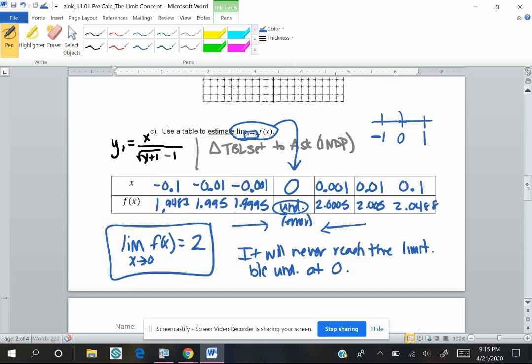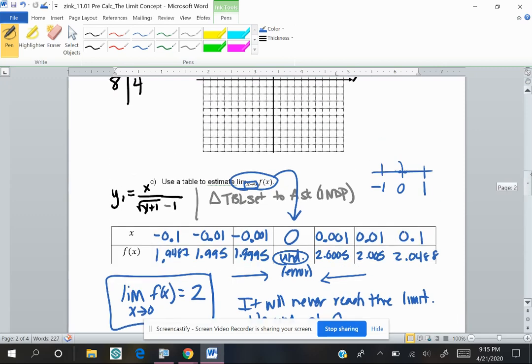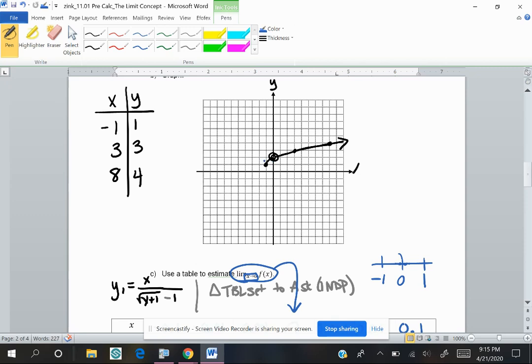Okay. Now let's verify this on our graph. So go back up to your graph and see, as you approach 0, so x equals 0 is this blue line. As I approach from the left, it looks like we're getting closer and closer to 2. As I approach from the right, we're getting closer and closer to 2. But the calculator doesn't give us 2, so we didn't know exactly where to plot that open circle.